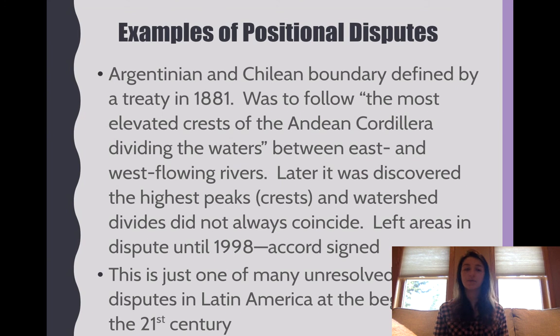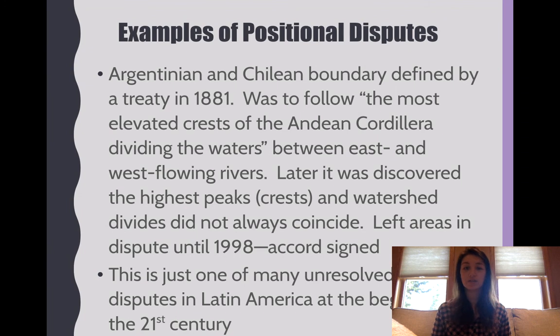For example, between Argentina and Chile, the boundary between these two states was defined in a treaty in 1881. And the language of this treaty says that the border was supposed to follow the most elevated crest of the Andean Cordillera, dividing the waters between east and west flowing rivers. Well, later it was discovered that the highest peaks and watershed lines, so the water lines, did not always coincide.